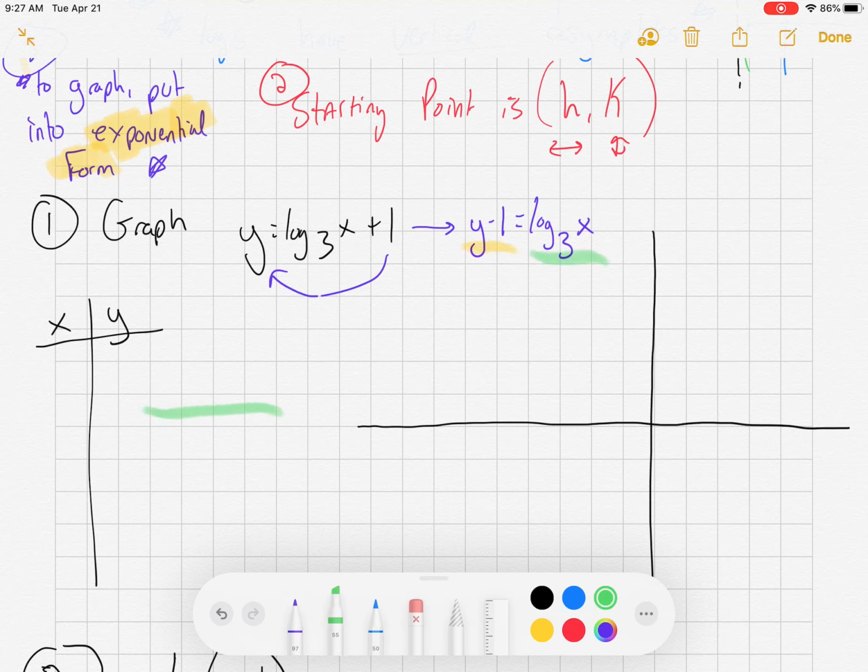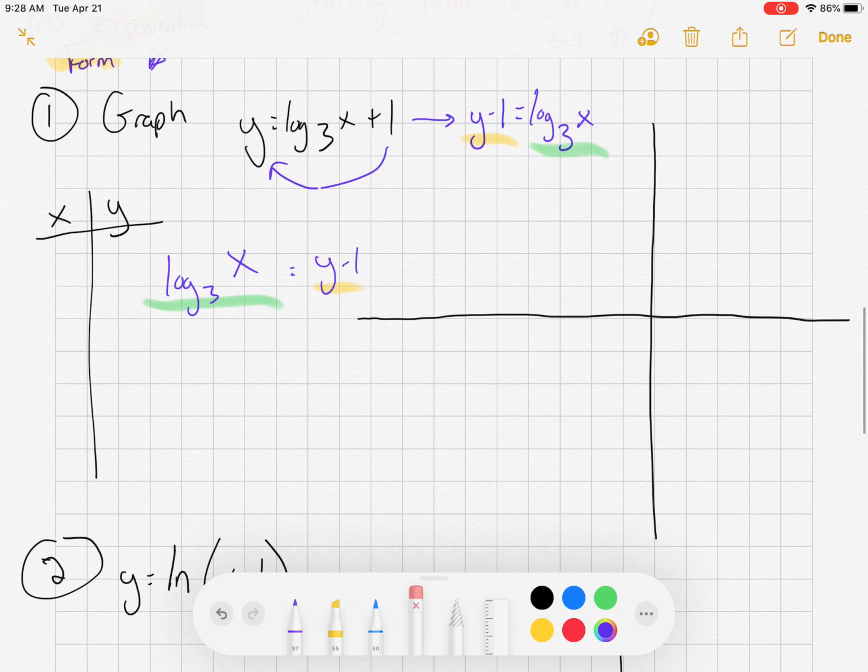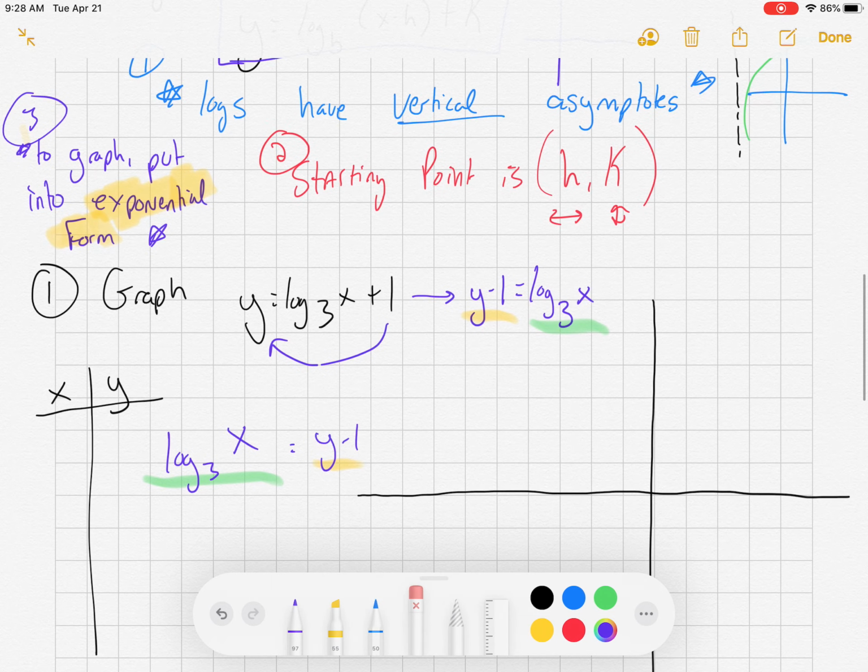Now, like I talked about at the top, instead of yellow equals green, I'm going to write it as green equals yellow. So I'm just going to flip the order of this. I'm going to write log base 3 of x equals y minus 1, just because I'm more used to seeing it this way.